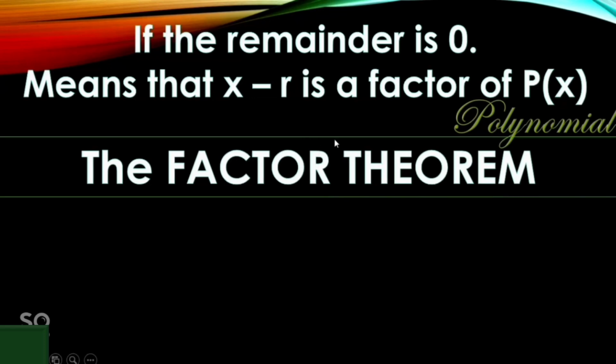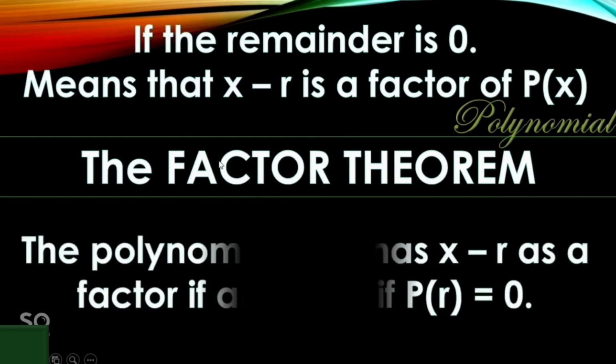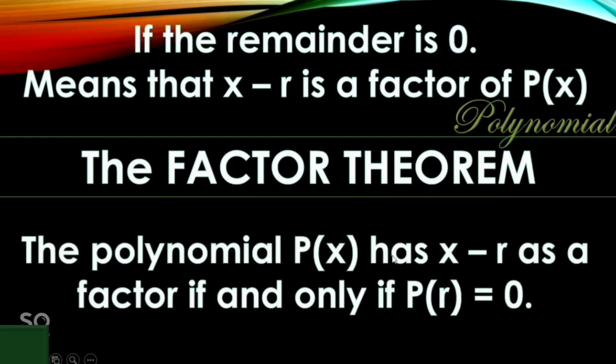Next is the factor theorem. May a-apply natin ang remainder theorem dito sa factor theorem. The polynomial p of x has x minus r as a factor if and only if p of r equals 0.